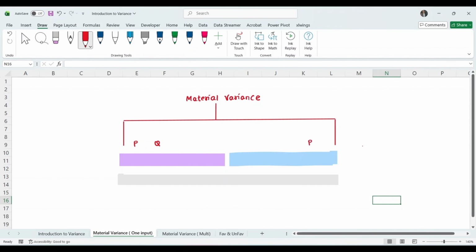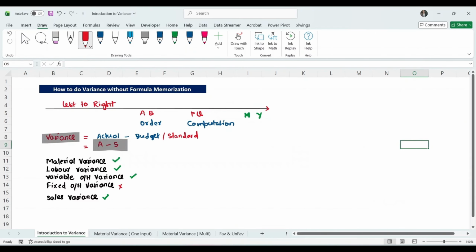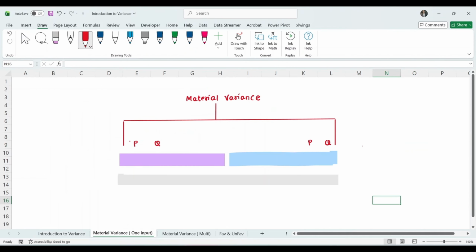Here also we'll write down P and Q. Now see the order. Actual comes on the left and standard comes on the right. So on the left we apply actual price times actual quantity, and on the right, standard price multiplied by standard quantity.